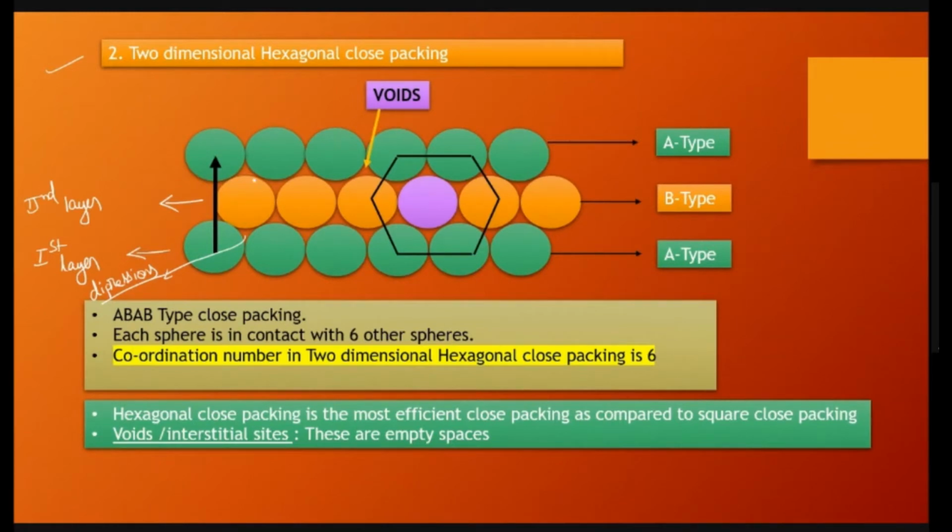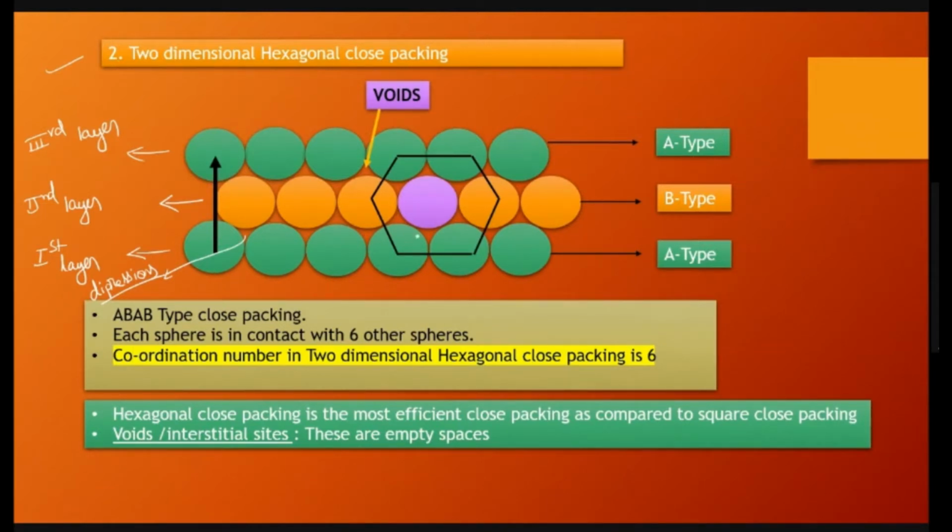So next, the third layer. Third layer atoms are going to be placed into the depressions of the second layer. Like this, I'm going to place the first layer, second layer, and third layer right above the first layer. So this is a 2-dimensional arrangement.